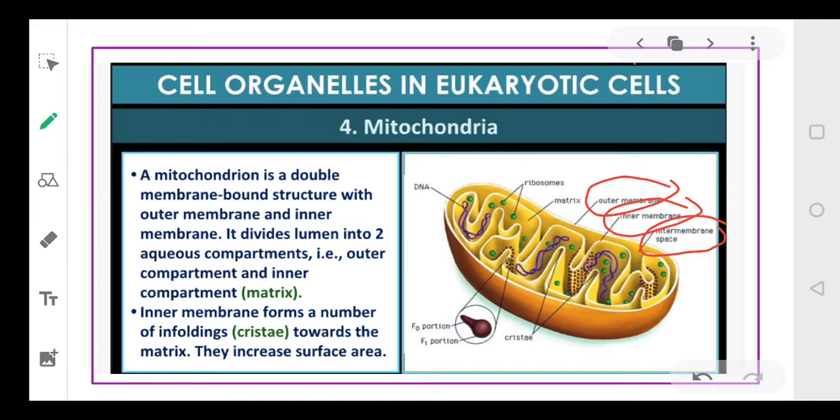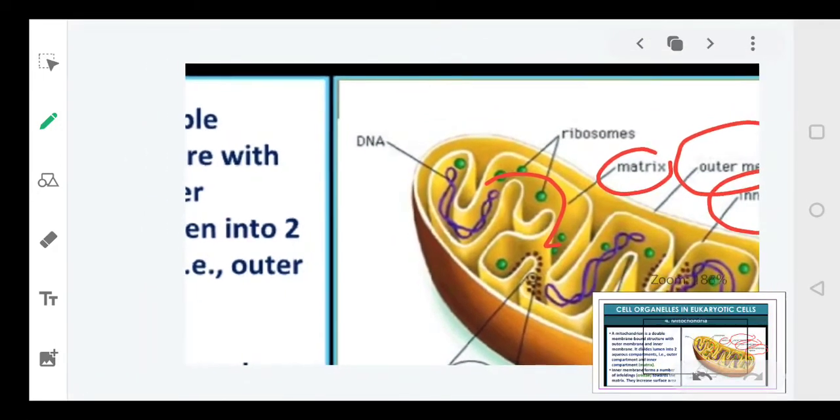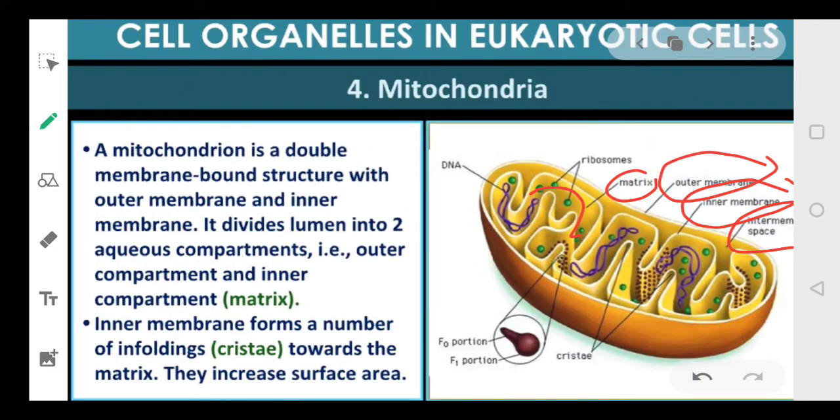And this inner membrane, as you can see here, is filled with a dense homogeneous substance which is called the matrix. So the inner membrane is filled with the homogeneous substance which we call the matrix. So your mitochondria basically, students, you've understood, it is surrounded by two membranes. The outer membrane is a smooth one.